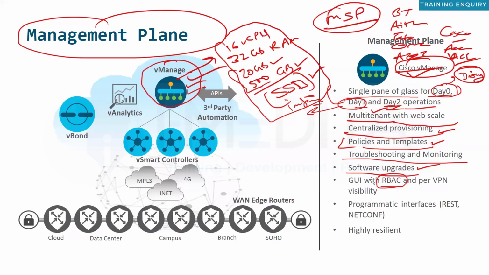Then you would have a team of level 3 engineers, and to that team you would provide full access, read write access to everything, right?